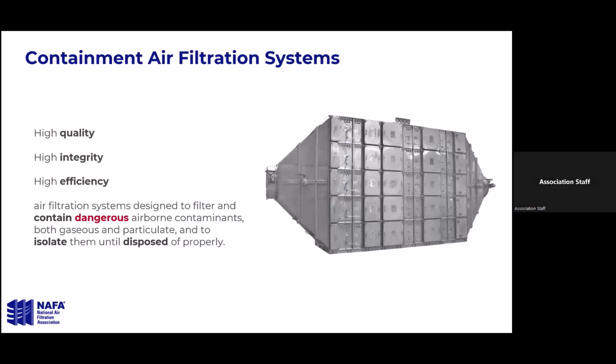You can see in this picture just one variation of several that you might come across in the field if you're looking at doing a change out of existing units, or what you may find if you're helping an engineer design these or something like that. So it can be anything from a 1x1 unit with a pre-filter and a HEPA filter up to 5 filters high, 6 filters high, 3 to 6 filters wide. So it runs the gamut on size.